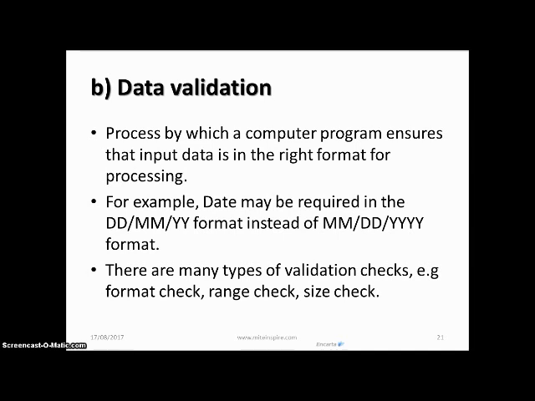But suppose someone made a mistake and entered month 13. Well, that is out of range. Similarly, there's also what is known as a size check. For example, a password field may require that you enter not less than 6 characters. That kind of check ensures that you enter the correct number of characters.